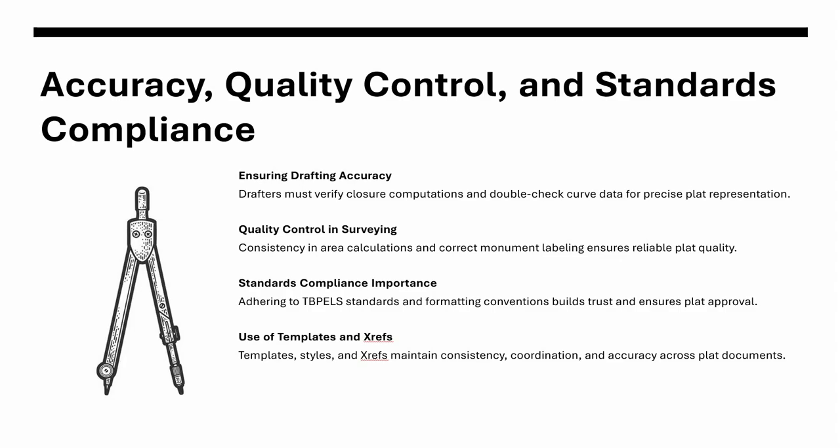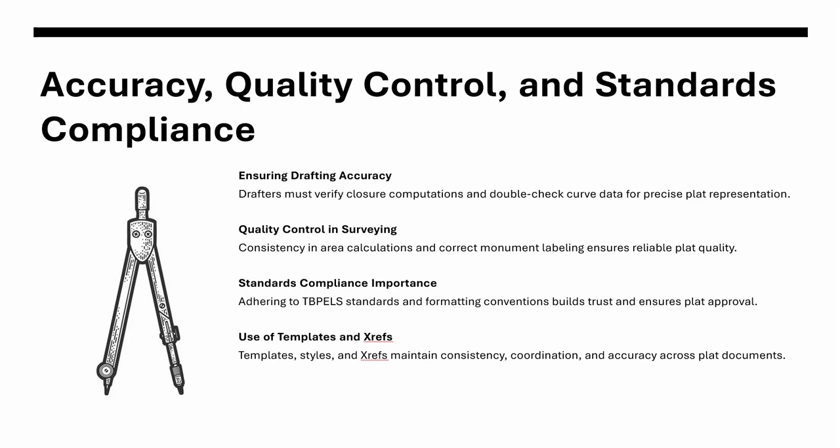Your future FS exam will reflect this reality by including questions on traverse closure, coordinate geometry, and error propagation. For the student preparing to enter professional practice, mastering these computational skills will be essential because they form the foundation upon which accurate plat drafting rests.